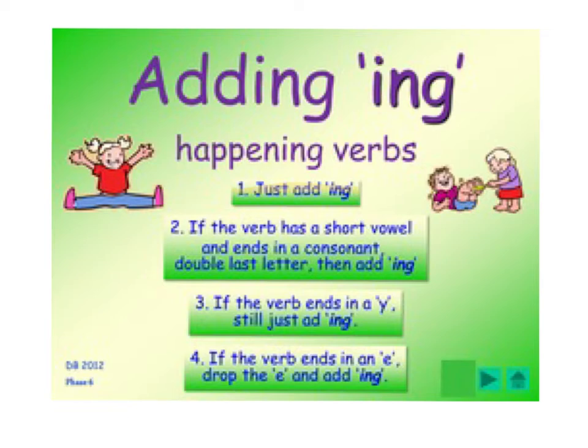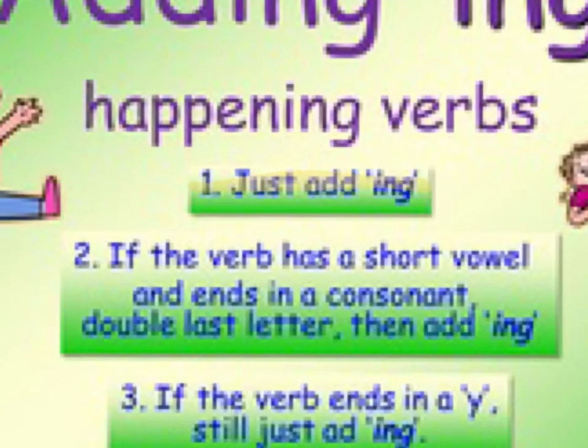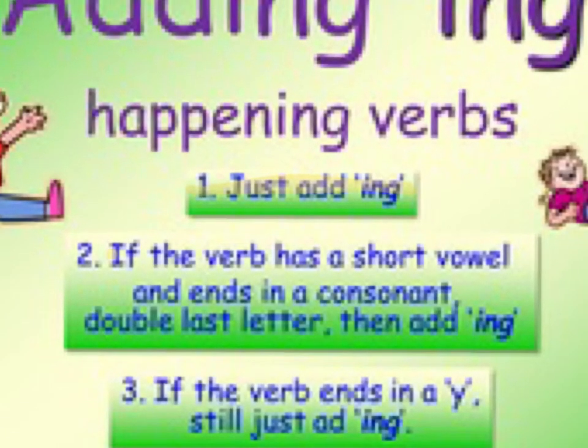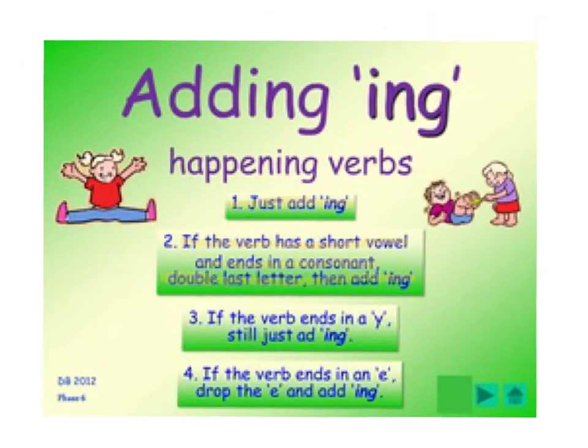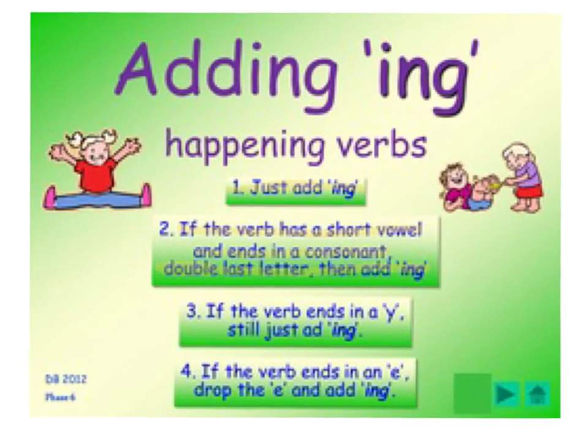One that we're going to really focus on this week, sorry, it's pretty blurry, says, if the verb has a short vowel and ends in a consonant, remember consonants are all the letters that are not vowels, double the last letter, then add ing. When it says double the last letter, that means we add an extra one of those letters. There are other rules, but that's the one we're really going to focus on this week.